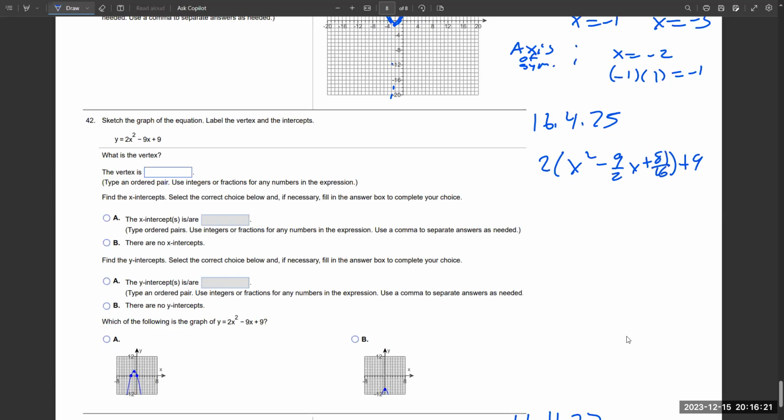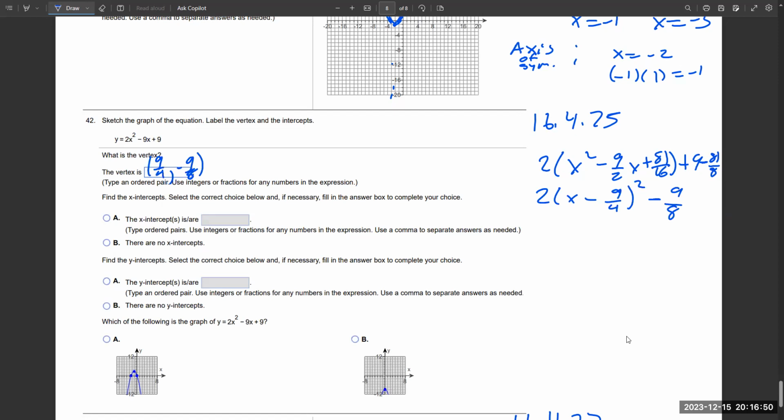So I just added 81 over 8 and needed to subtract 81 over 8. 2 times (x minus 9 quarters) squared. And then 81 minus 72 is going to be 9 over 8.